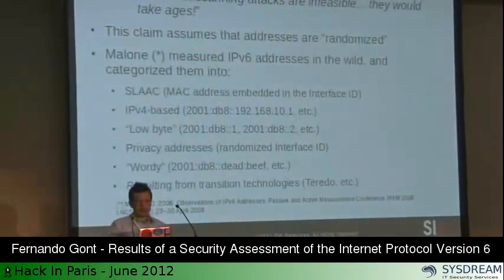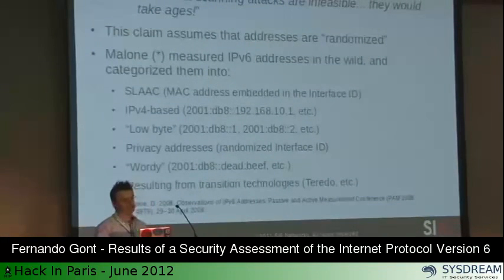So this is one of the associated myths that you typically hear about IPv6 host scanning attacks. The claim in this case is that IPv6 host scanning attacks are invisible, and you usually hear things such as they would take like 500,000 years or things like that.